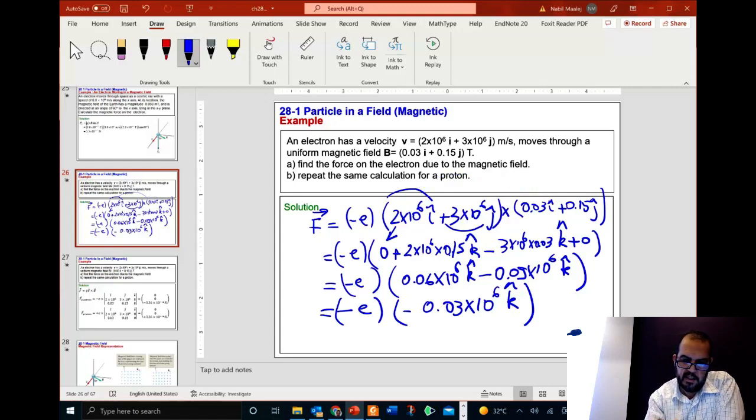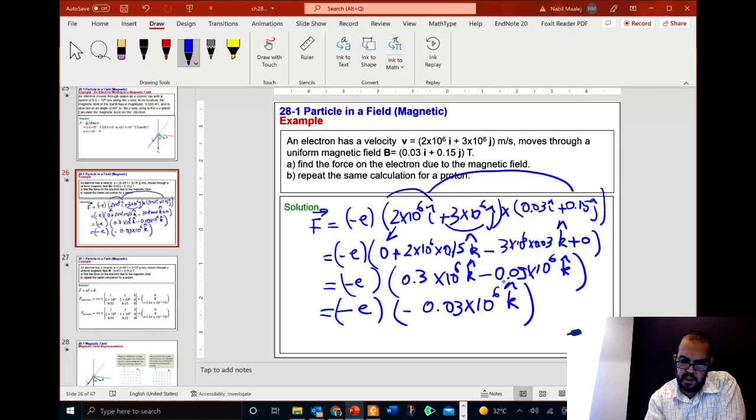So that's 2 10 to the power 6 times 0.15, and I crossed with J is K. Let me correct this: 2 times 0.15, that's 0.3 10 to the power 6 K. For the J term we did not make a mistake.